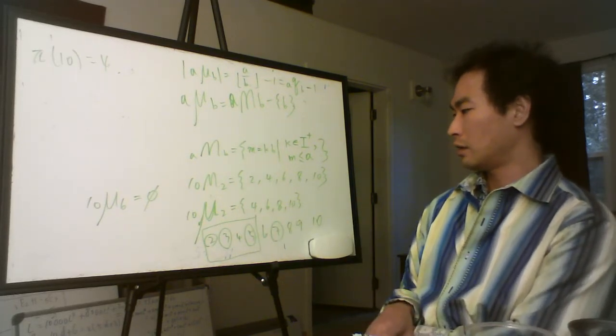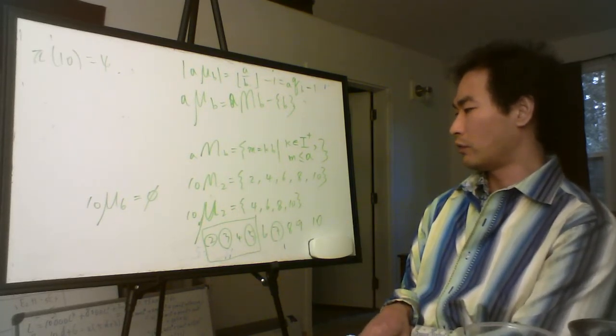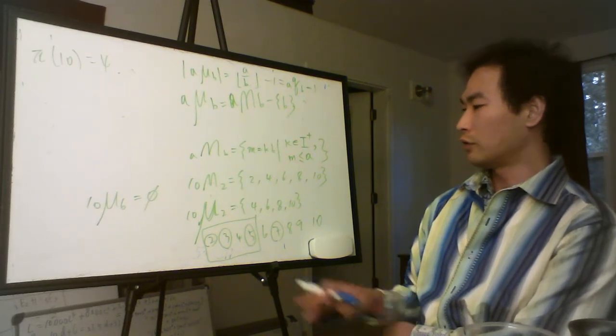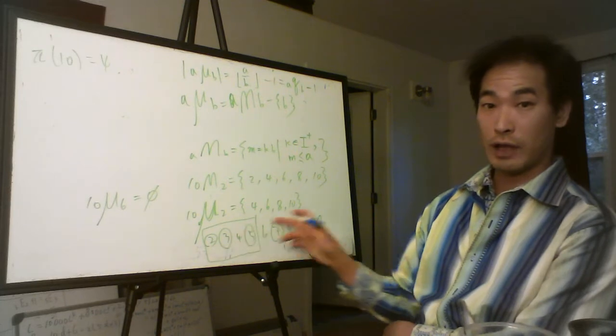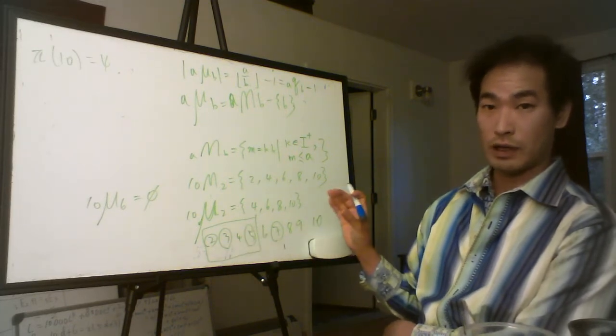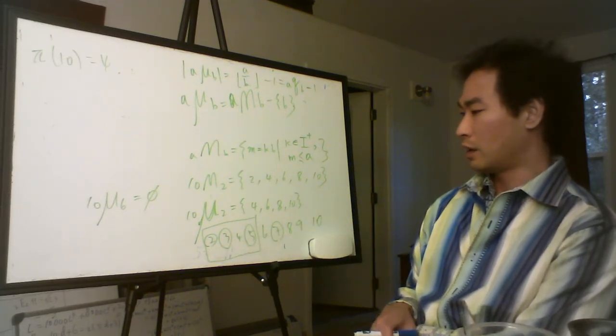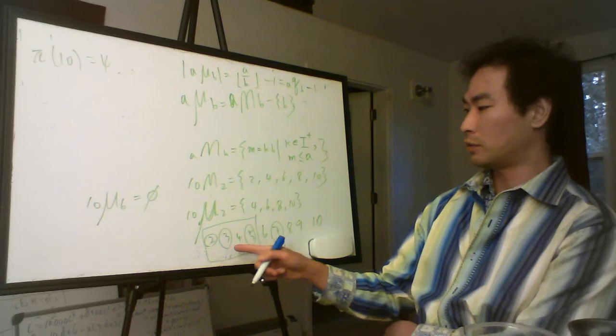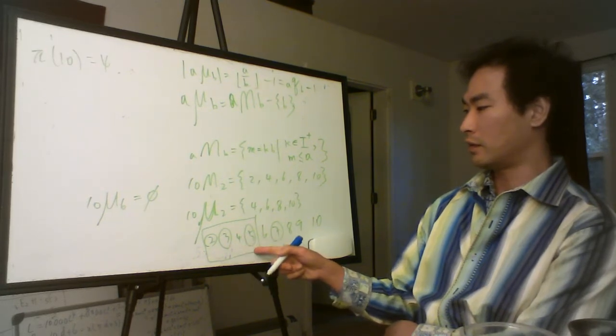The way we're going to approach this is, out of this set from 2 to 10, that's the universal discourse, we subtract, by set subtraction, multiples of 2, multiples of 3, multiples of 4, multiples of 5.